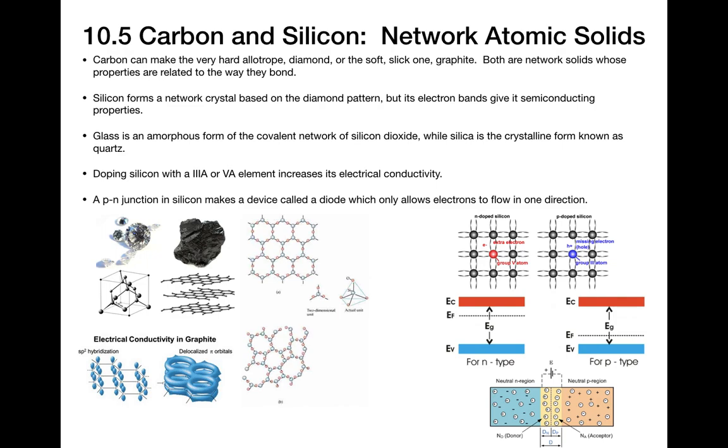That gap between them is called the band gap, and helps us understand how many electrons actually are capable of jumping that band gap to get up to the conduction band. So silicon in its very pure form is actually a very poor conductor. We call it a semiconductor, and that's simply because some of the electrons can jump to the conduction band.